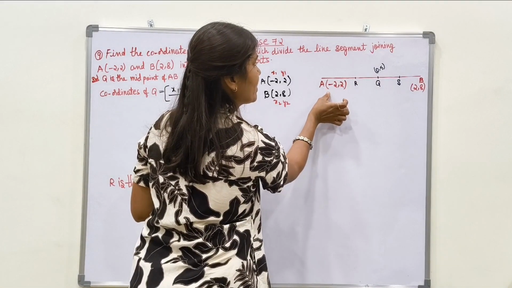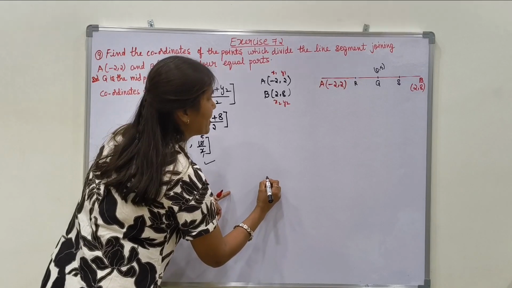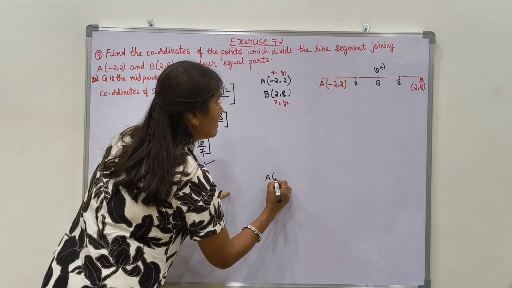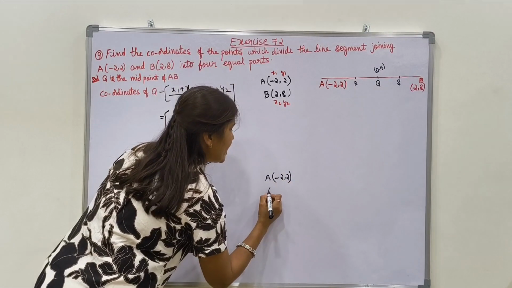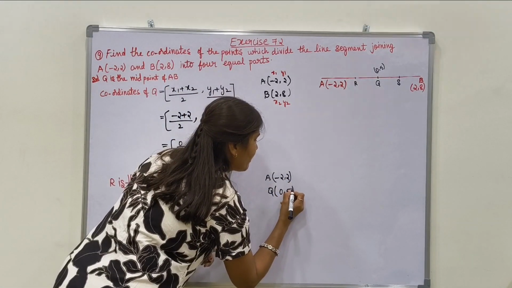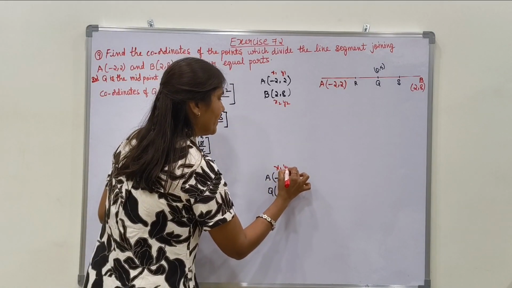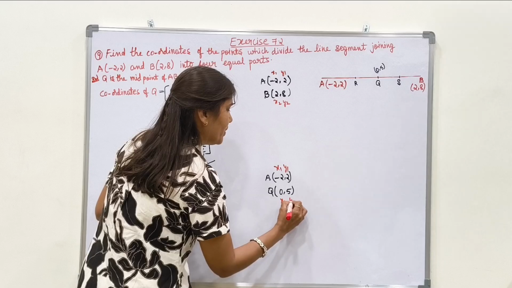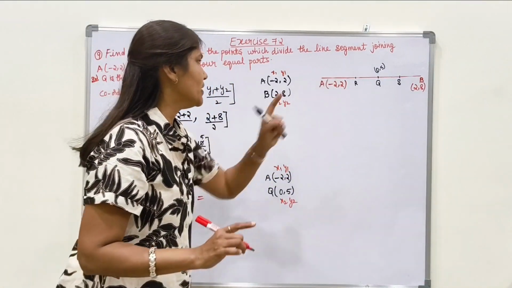So now we will use these coordinates. Here I am writing. A coordinates are minus 2, 2. Next, Q coordinates are 0, 5. This is x1, y1. This is x2, y2. See here, correctly we took minus 2, 2 and 0, 5.